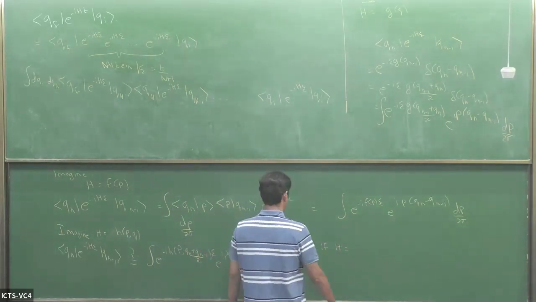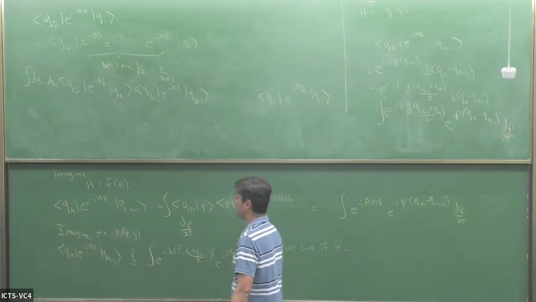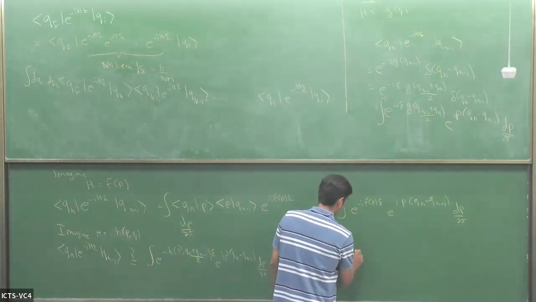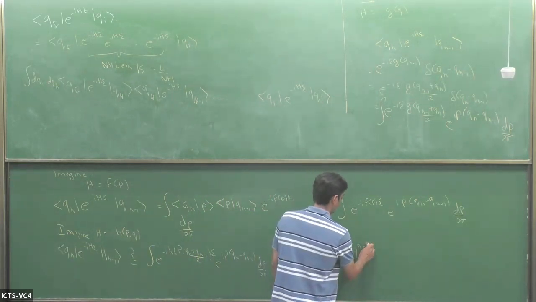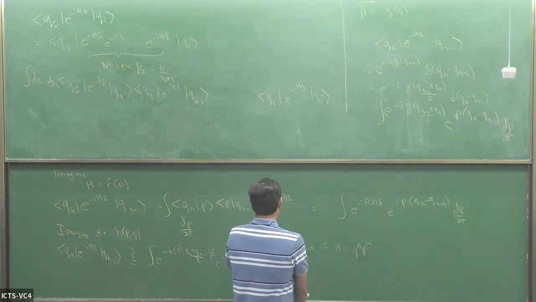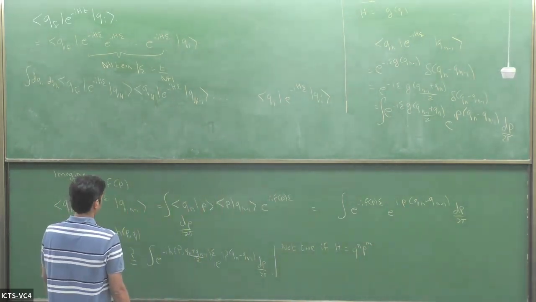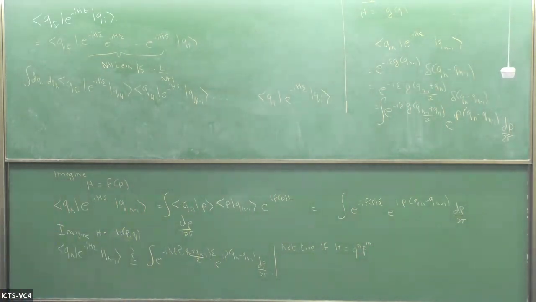Say H is, H has to be a Hermitian operator, but imagine for now that H was q to the n into p to the m. If H was q to the n into p to the m, then how do you evaluate this expression? When you want to evaluate this expression, you basically only want to evaluate the first order term in epsilon.